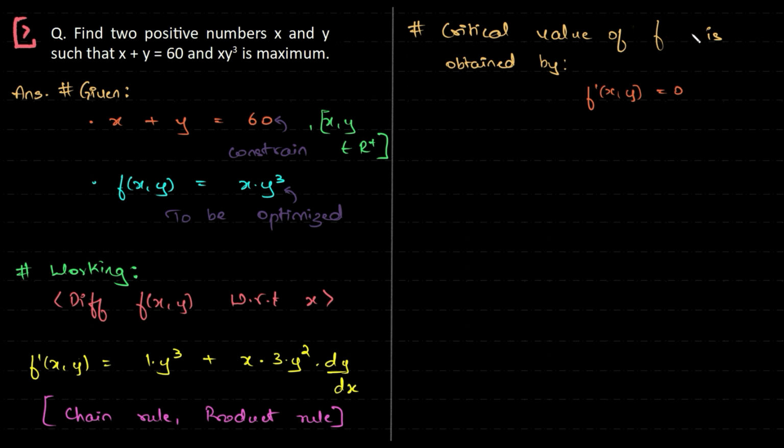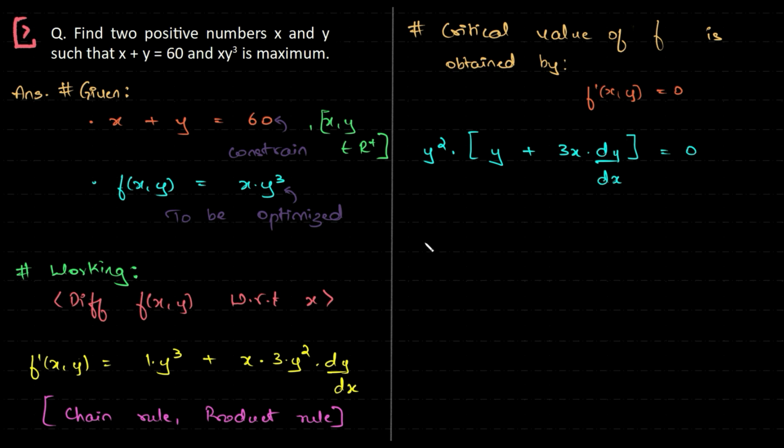It is f of x comma y actually. So basically in this expression, I can see that y square is common, so I'm going to take it out. So we have y plus 3x into dy by dx, and all of this should be equated to 0.